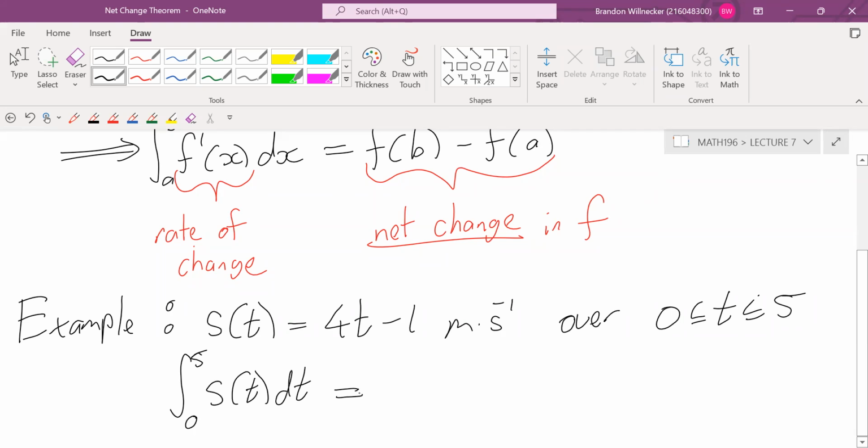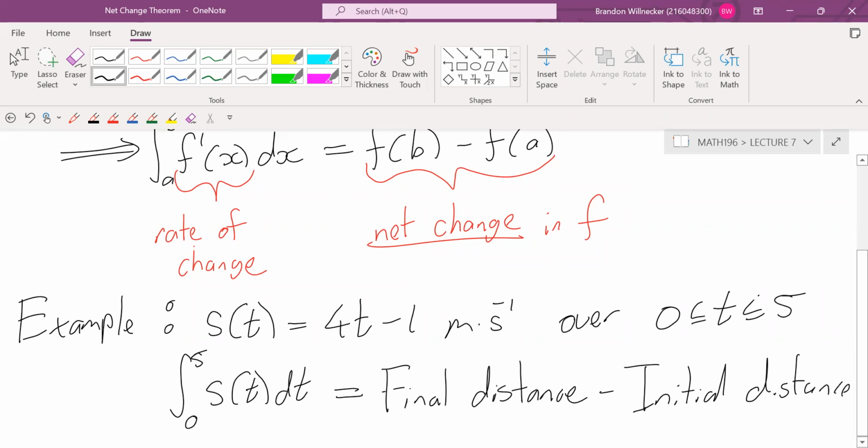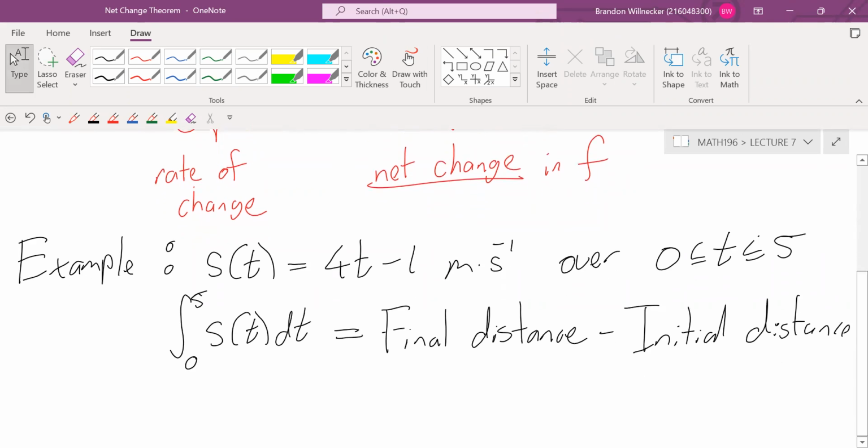This gives us the final distance. So this is the person's position at the end of the race minus the initial distance. So this is where they were at the beginning. So final distance minus initial distance is the distance traveled.